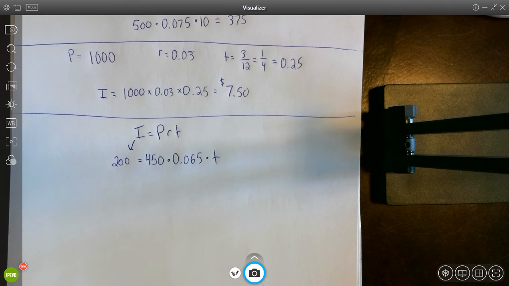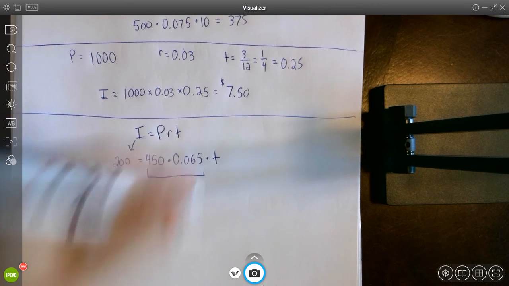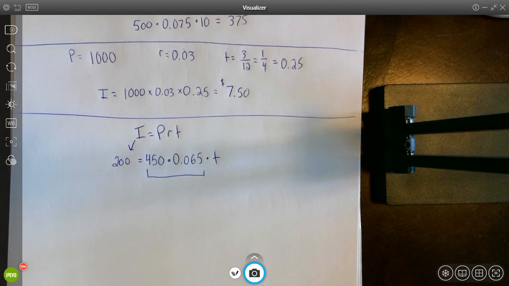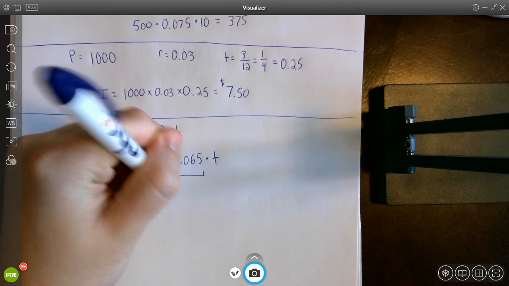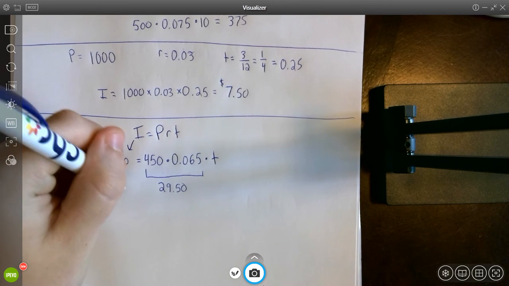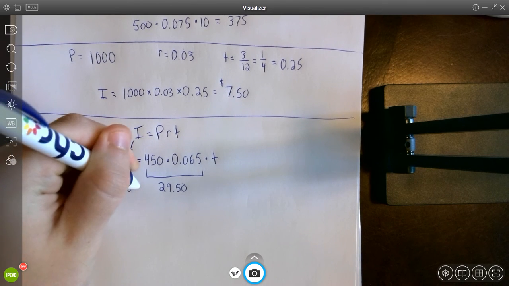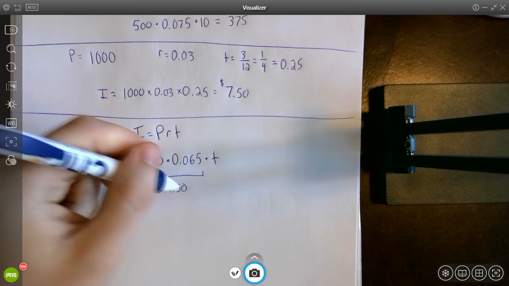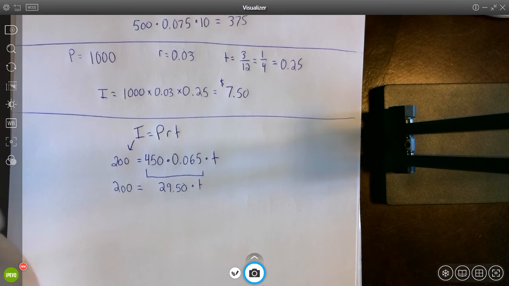So this is actually a multi-step equation. Our first step is going to be figuring out what this is right here. So 450 times 0.065, that's going to give us $29.50. So we have an equation that says $200 is equal to $29.50 times t.